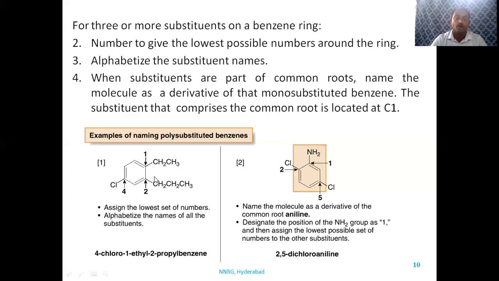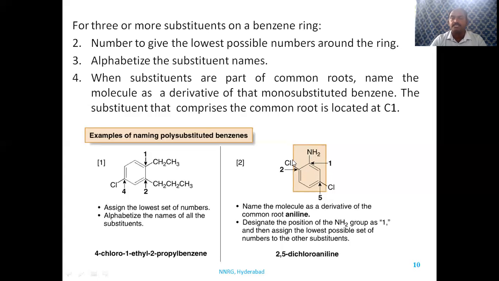Similarly, if any of the substances forms a common name, then you can use that as the name. For example, if you see this molecule, the amino group with benzene forms the common name aniline. So the other chlorine substituents are given lower priority. Numbering should always start from the aniline amino group. If you consider the amino group and the chlorine group, the amino group has the highest priority. We should give the amino group the first number, 1, and the next numbers should be the least possible.